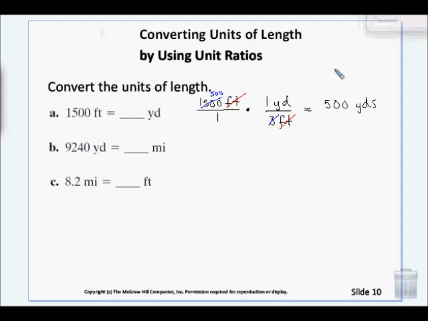We're going to convert from yards to miles. So I have 9,240 yards. I'm going to multiply that by 1 mile, and in 1 mile there's 1,760 yards. Okay. Yards are going to cancel. Oh wait, there's supposed to be a 0. Sorry, I don't know what I did there.